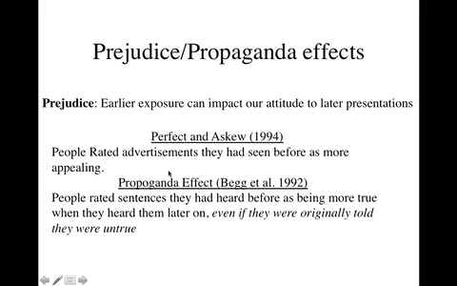Even if one does not remember having seen an advertisement before, often that will lead to that advertisement being viewed more favorably. And this is not going to just be for advertisements. It could be for anything, a product, an object, even a person that one has some familiarity with. Even if one doesn't remember having seen that person, it's still going to boost that subjective positivity.